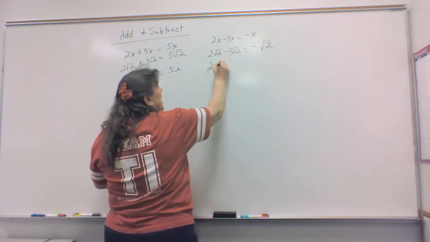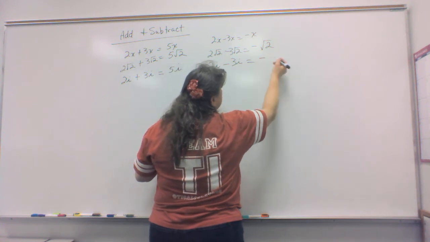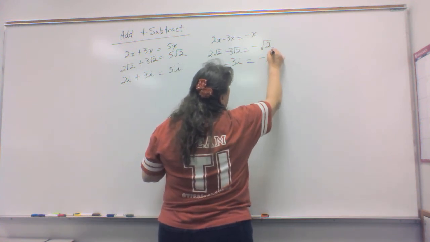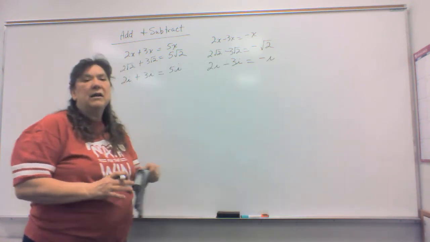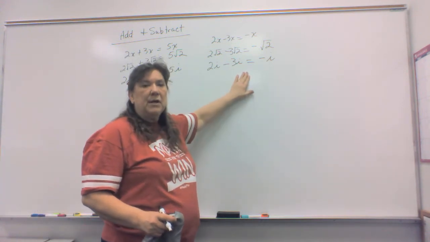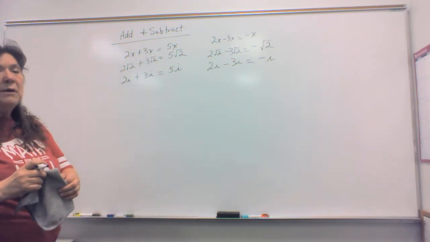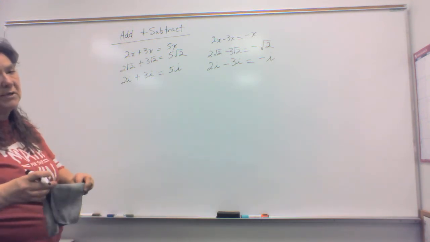So 2i minus 3i is equal to negative 1i or just negative i. So we can add them and we can subtract them, just like we can any other like terms, because that's exactly what's happening with them.